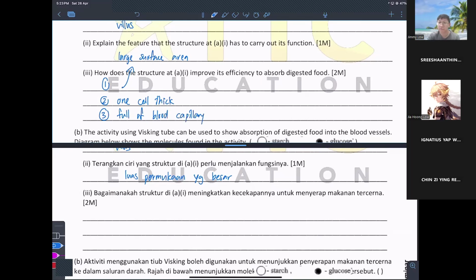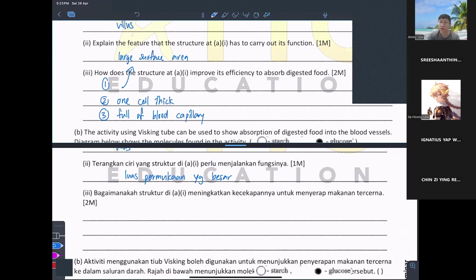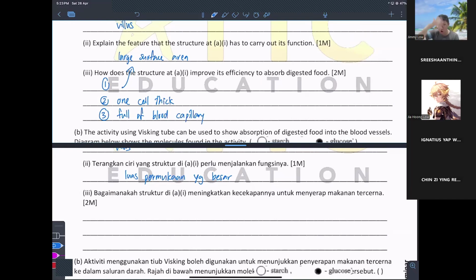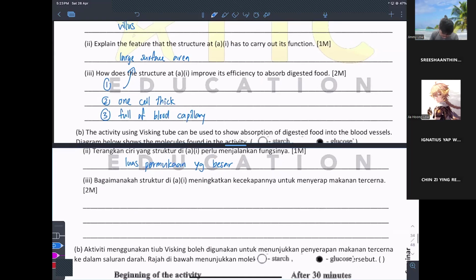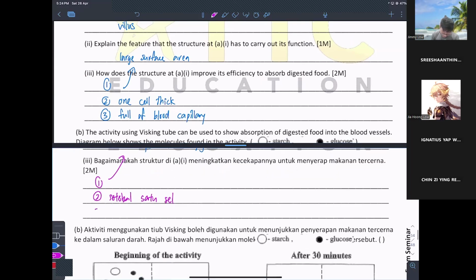It is full of blood capillaries, so the nutrition can be carried to all body parts. The answer is very easy. We have 3 points to write: setebal satu sel, banyak kapilari darah.